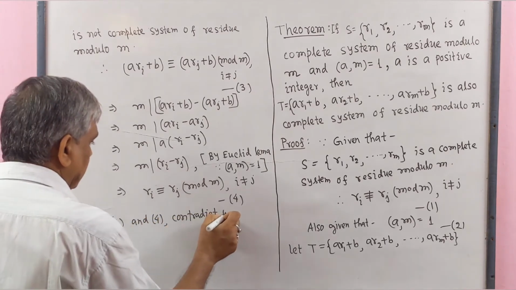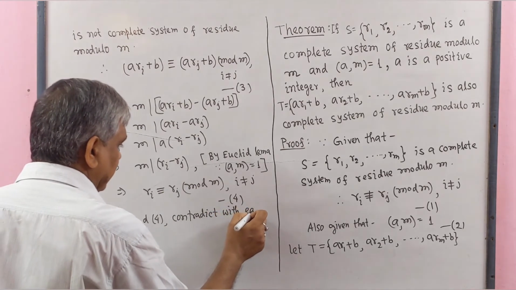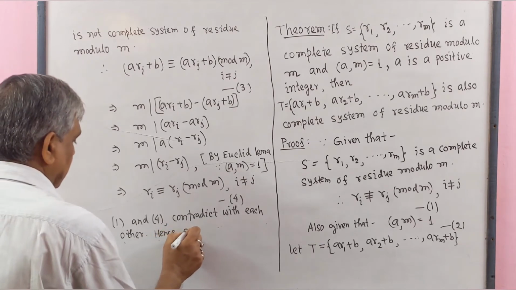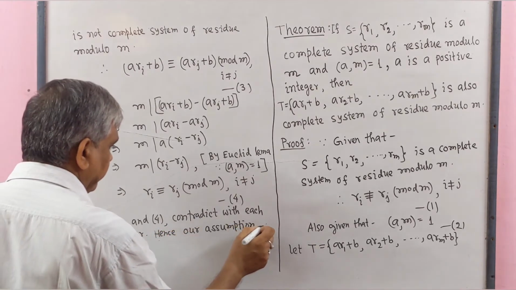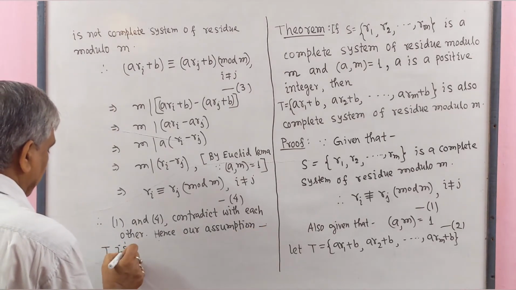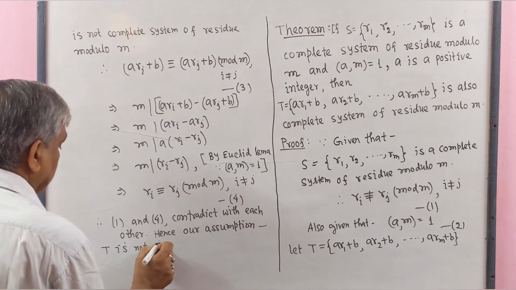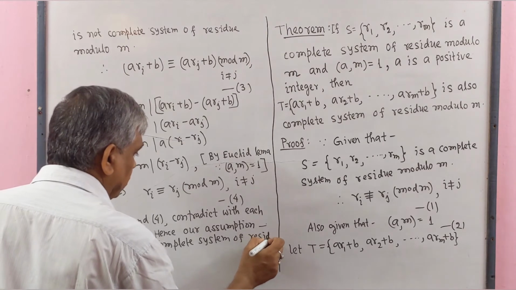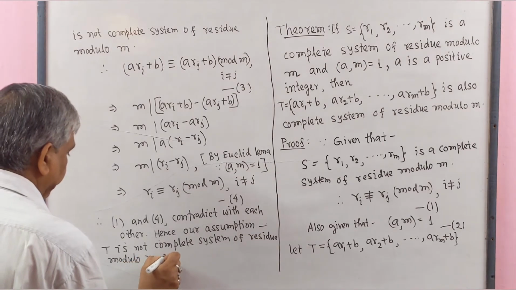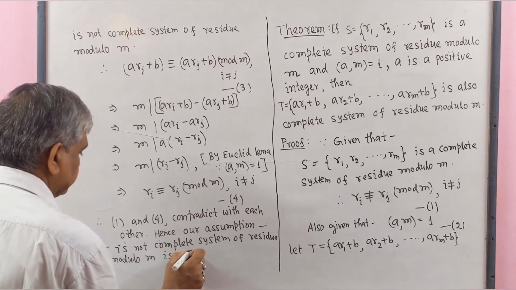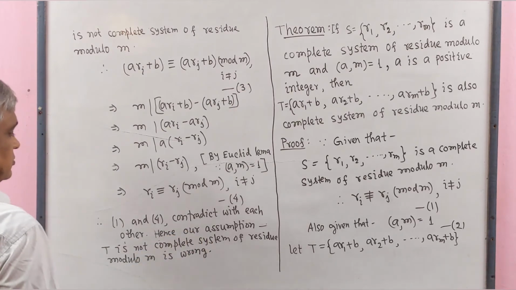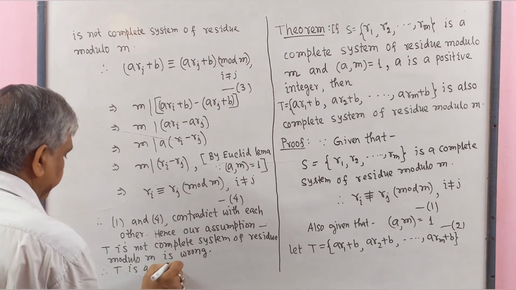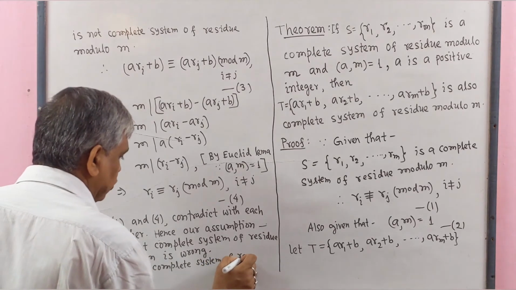Hence, our assumption that T is not a complete system of residue modulo M is wrong. Therefore, T is a complete system of residue modulo M.